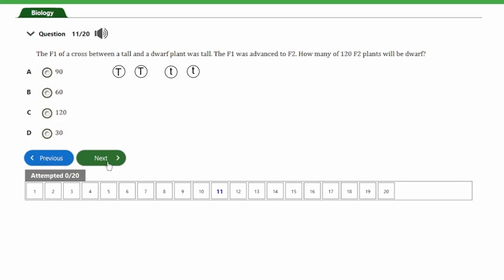So if we cross this, we'll have the capital T showing dominance, that's the tallness, and then small t, that's the recessive. And so all the first filial generation will be phenotypically tall, but guys, notice that they all have the small t.